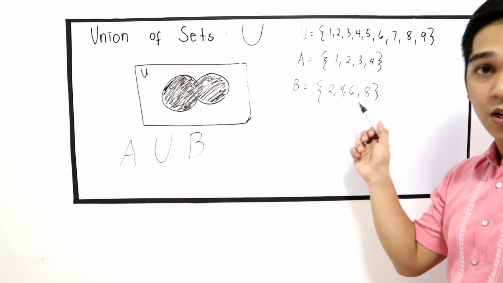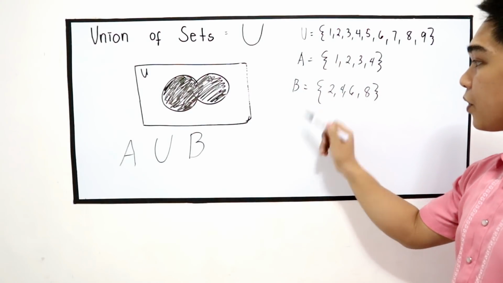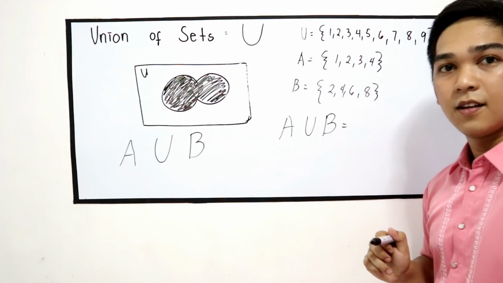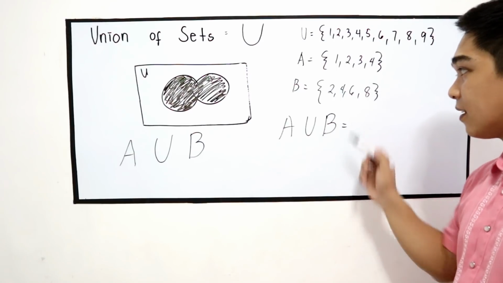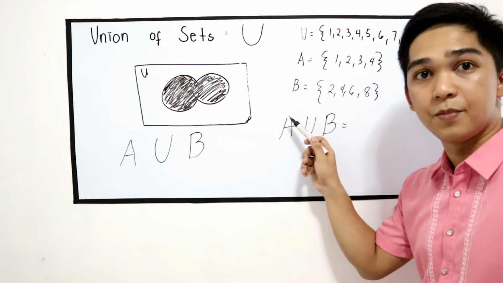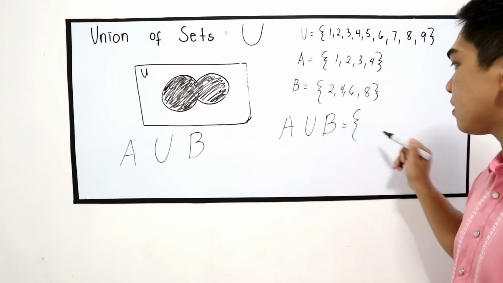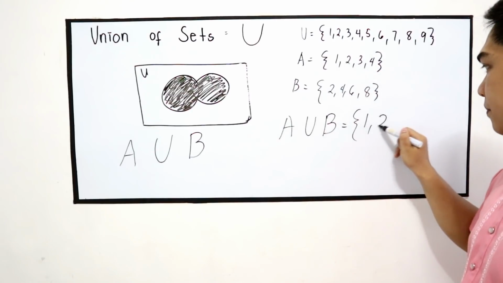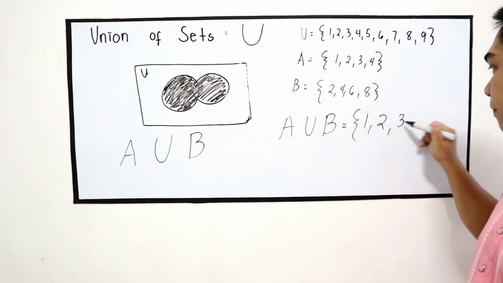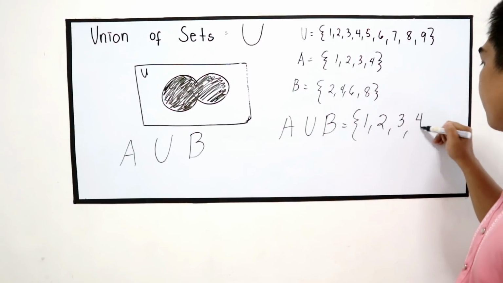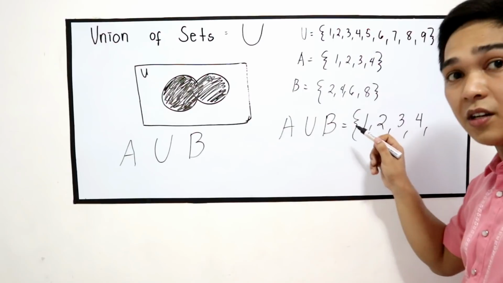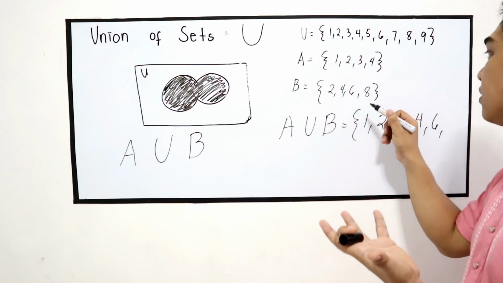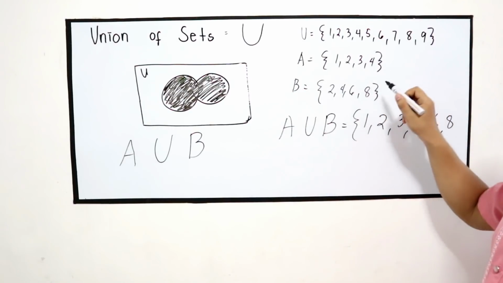Let us use this example. We're going to find A union B. So we're going to combine the elements of A and the elements of B. So A union B is, we have 1, we have 2, we have 3, we have 4, we don't have 5, we have 6, 7, we don't have, so we have 8, we don't have 9.